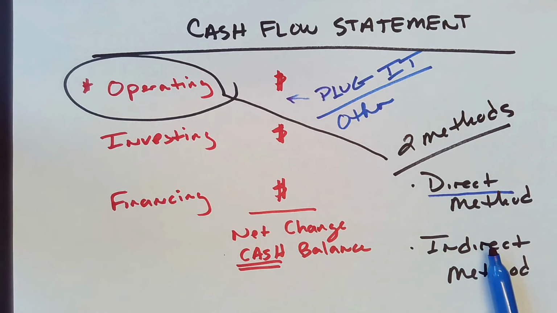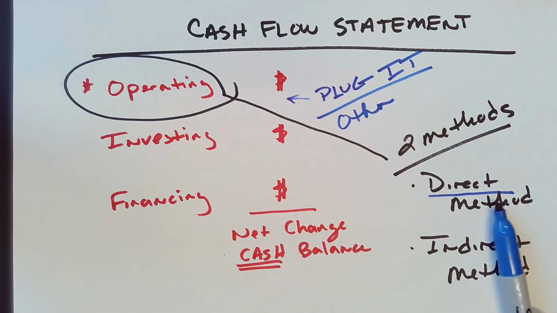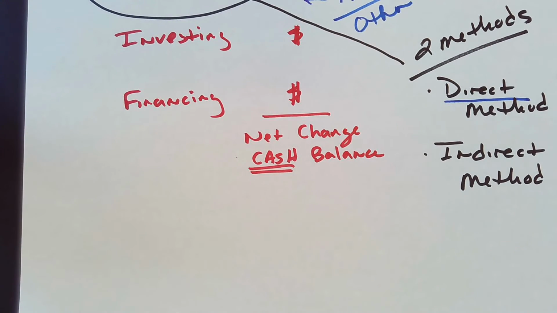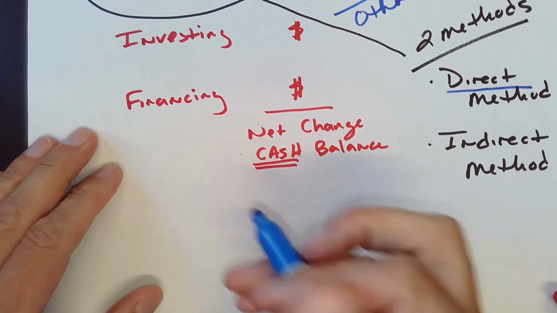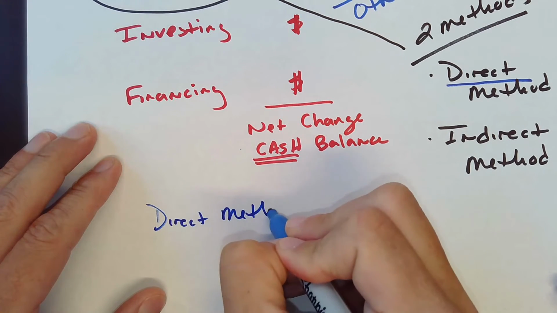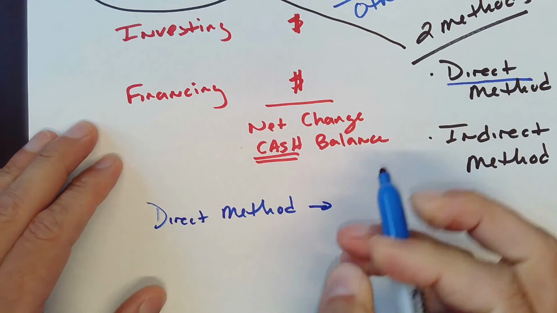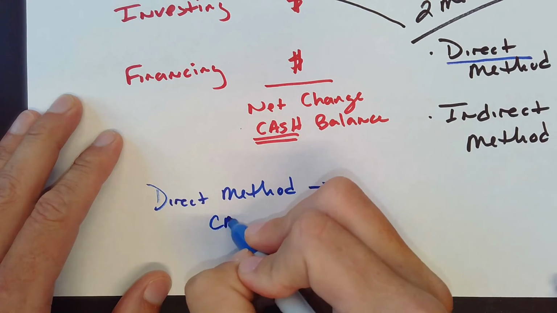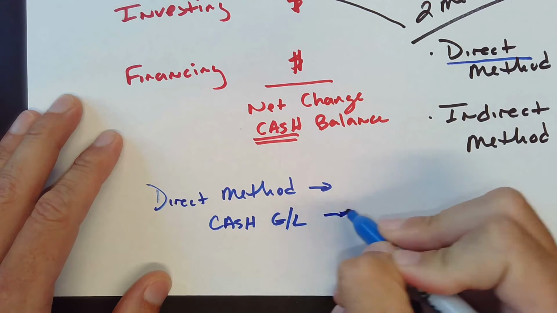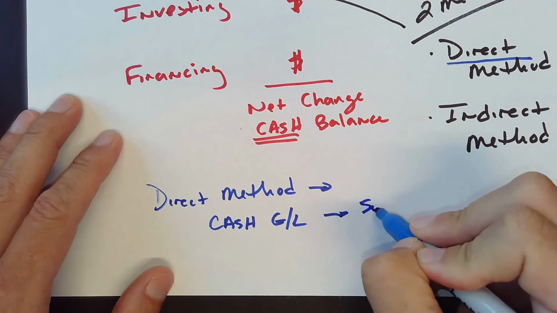We're going to spend most of our time looking at the indirect method. Because how do you do the direct method? For direct method cash flows, you go to your cash general ledger account and you summarize each activity.